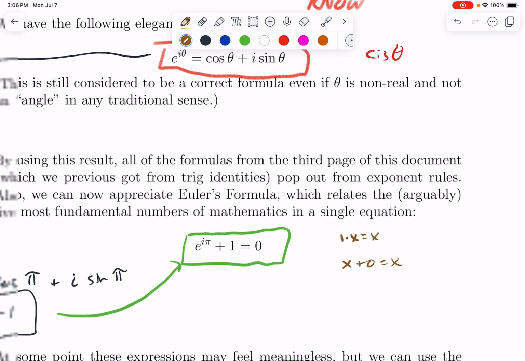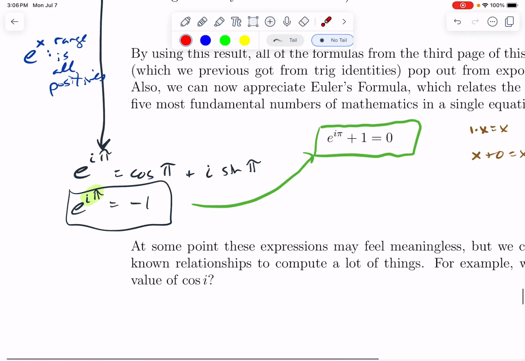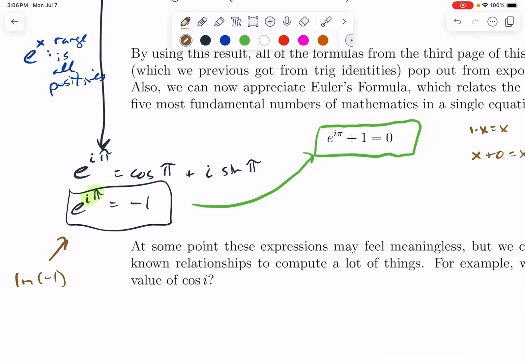And once we have this jumping off point, we can start talking about other operations applied in unusual situations. Again, we're expanding our notion of domain and range. Someone might look at this and say, oh, suddenly it makes sense to talk about the natural log of -1.